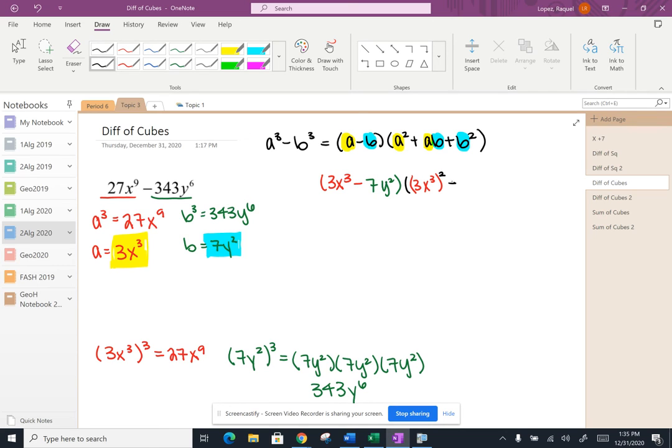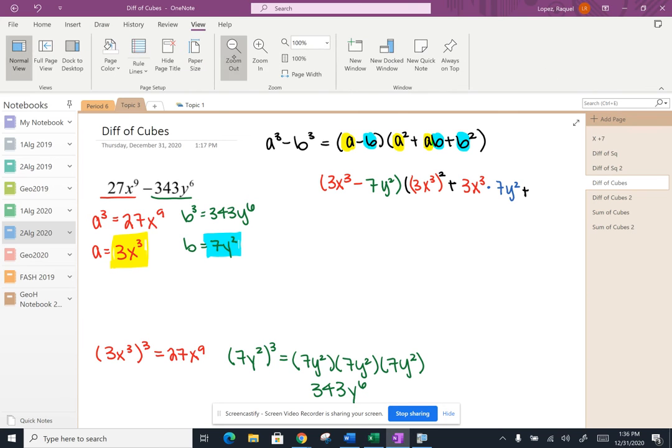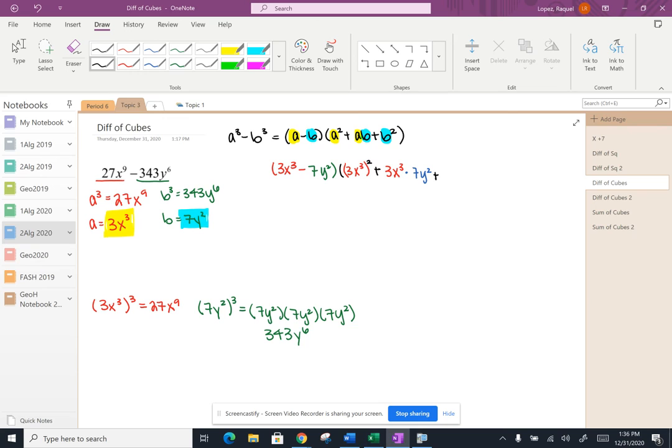Plus, the next is ab, so 3x to the third, and then write b right next to it, so 7y squared, plus, and then b squared. That b squared is going to be 7y squared, but I also have to raise that to a power of 2 because at the end there, I've got a power of 2.